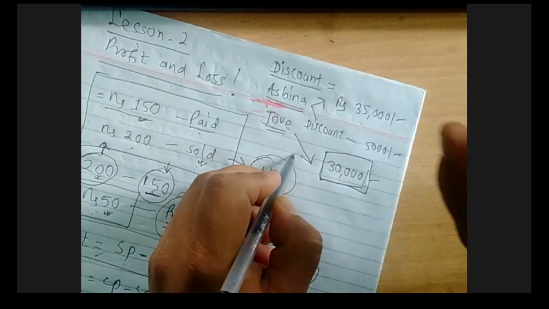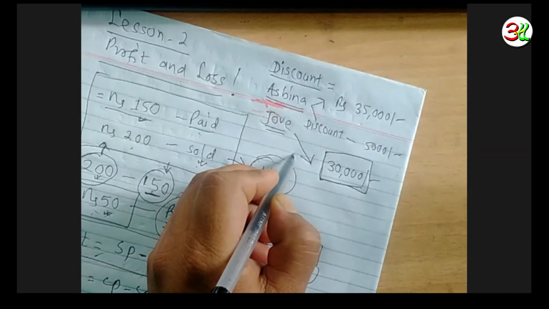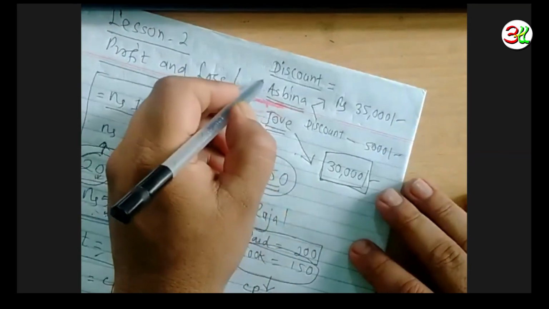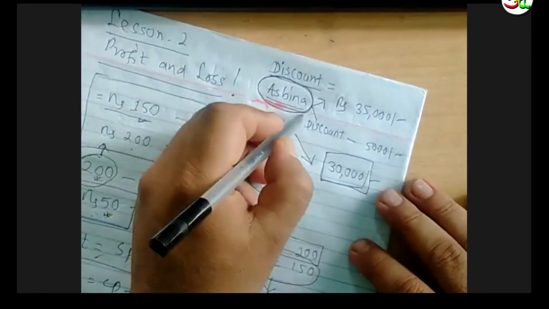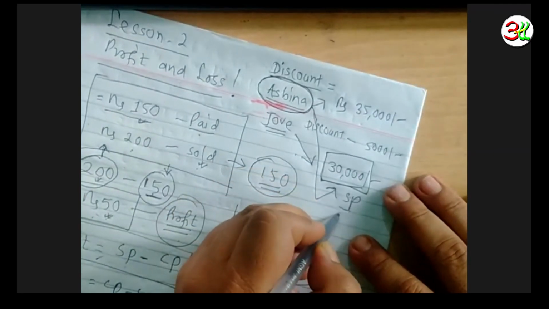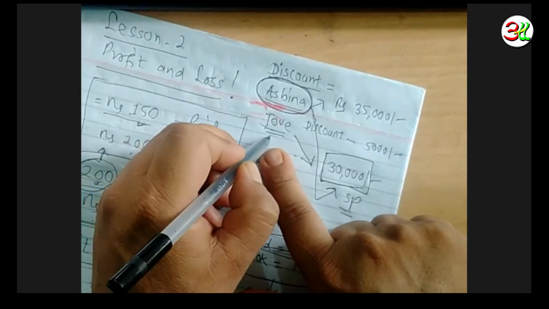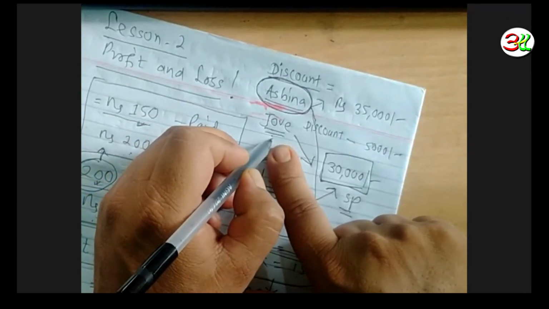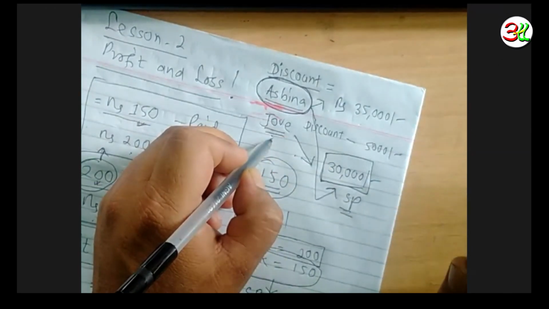But profit and loss is calculated from the point of view of a shopkeeper. So for Asmina, 30,000 is the selling price. We cannot think from the point of view of Job because Job is a customer, and profit and loss is calculated by the shopkeeper.